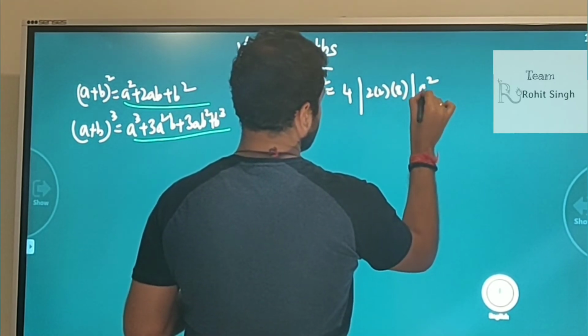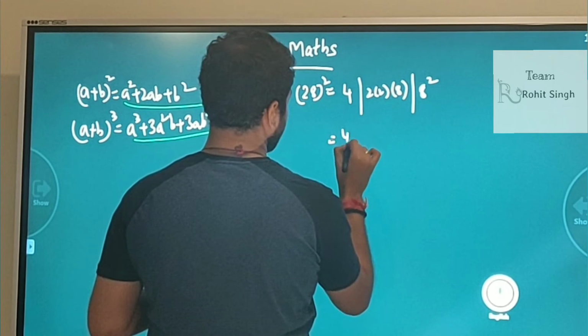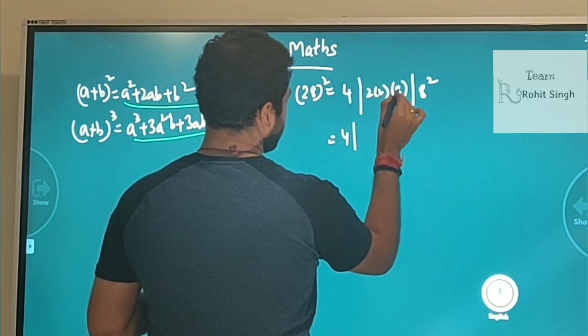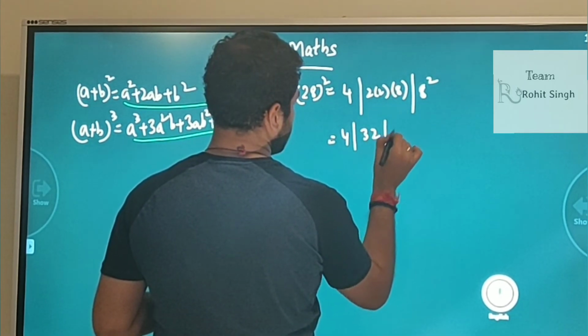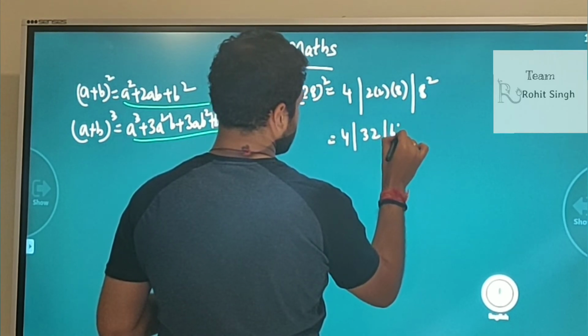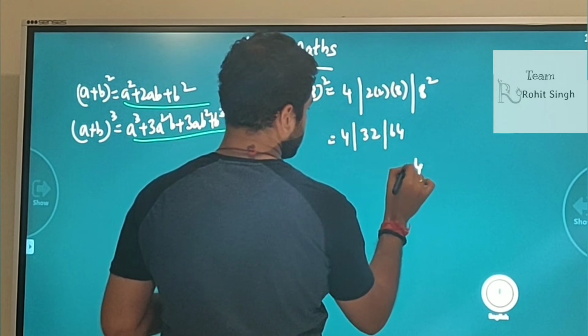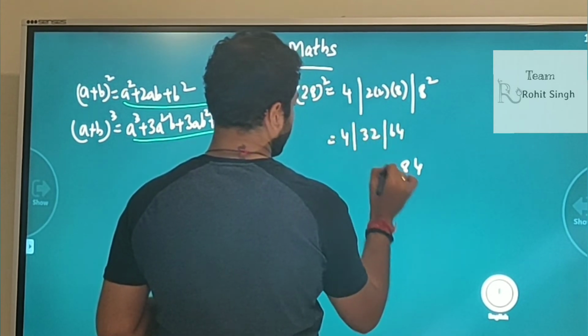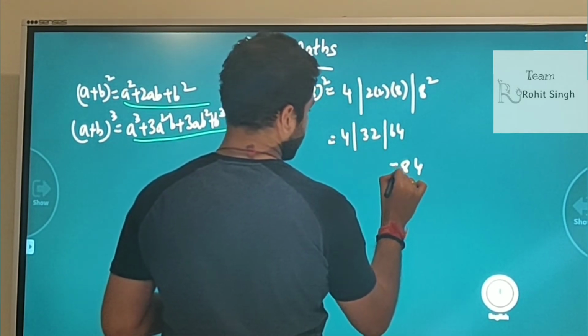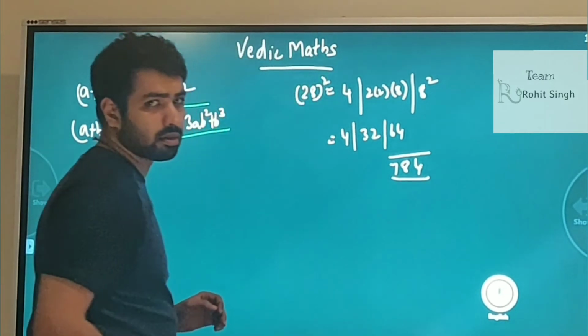So we get 4. 2 2s are 4, 4 8s are 32, and 8 square is 64. So our final answer will be 4, 6 plus 2 gives us 8, and 3 plus 4 gives us 7. 784 is our final answer.